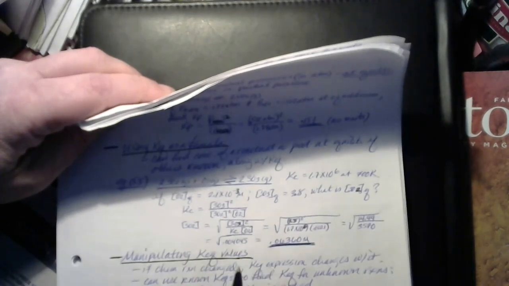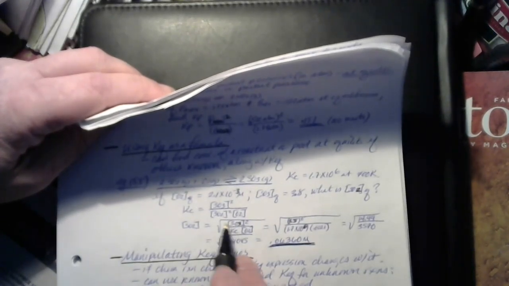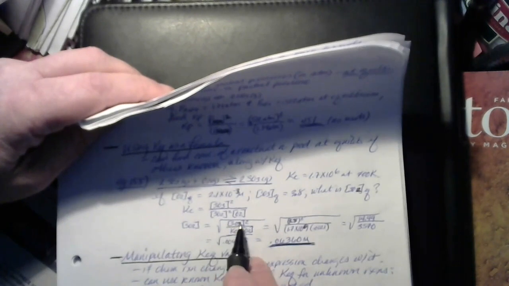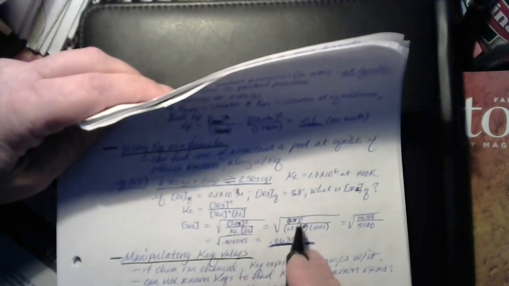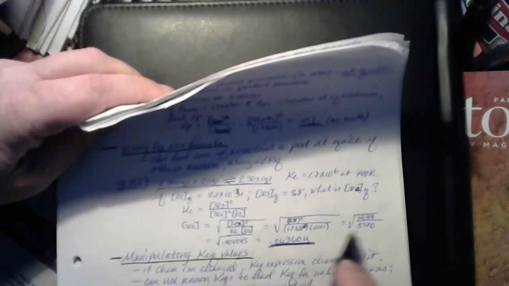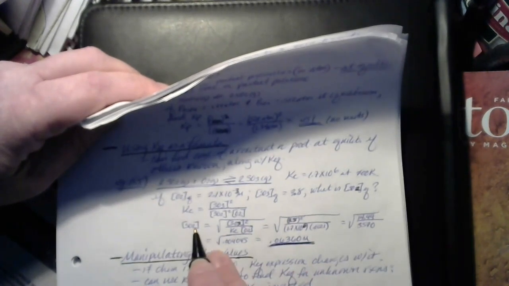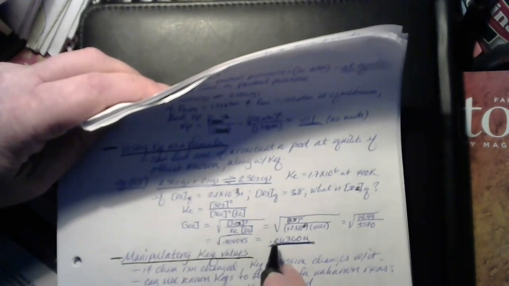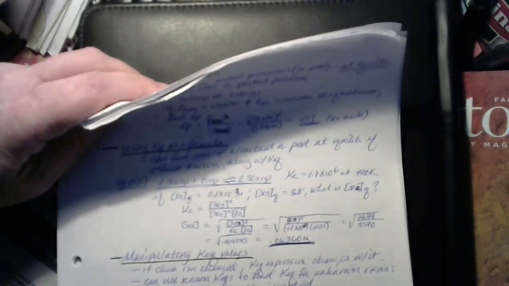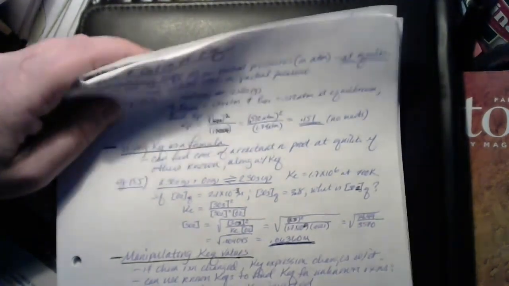So you take the square root of everything. And that will be the square root then of SO3 squared over Kc times O2. And then you just put in the numbers and take the square root, and it turns out that the SO2 concentration at equilibrium is 0.06360. Okay, so not too bad.